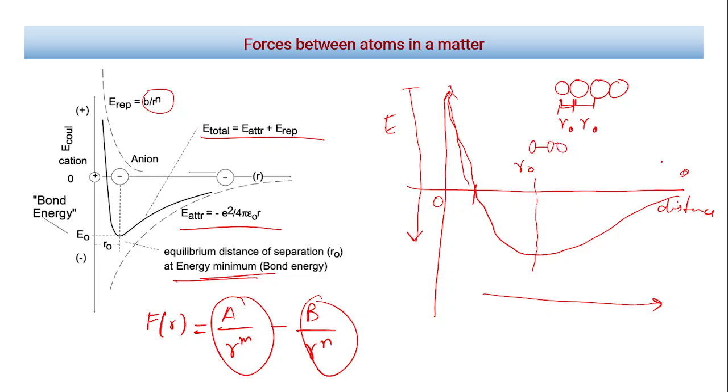If we increase the distance by giving some energy, it will not be in equilibrium anymore, and then things will change. But this is the reason I explained. They want to be in this particular equilibrium interatomic distance.